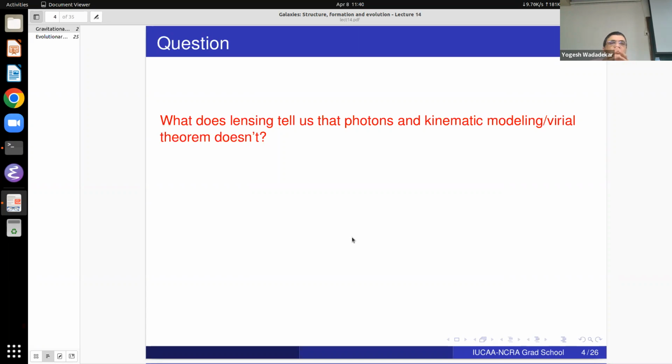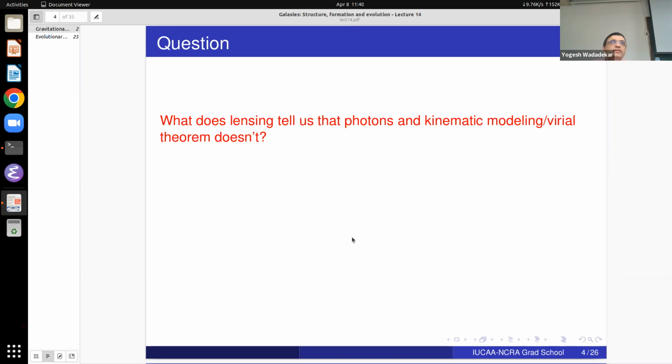So if you ask the question, what does lensing tell us that photons and kinematic modeling, virial theorem, etc., don't already tell us? Because we are using photons to map the baryons in the universe, no problem with that.